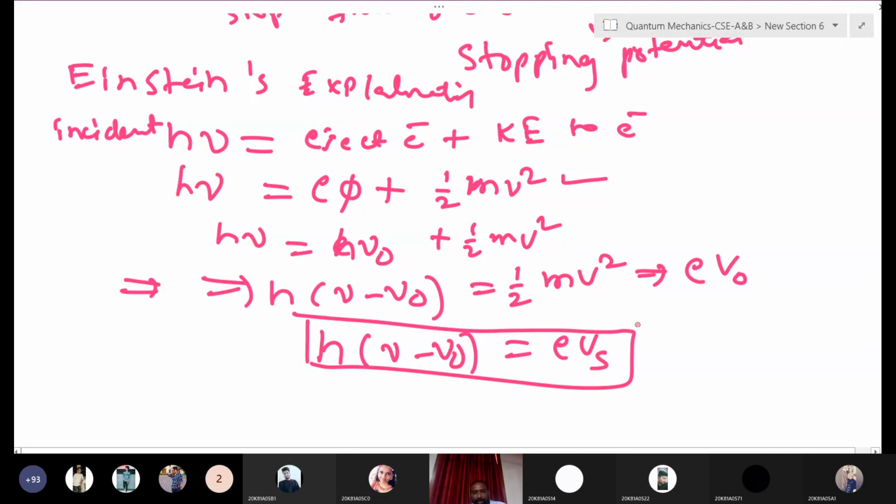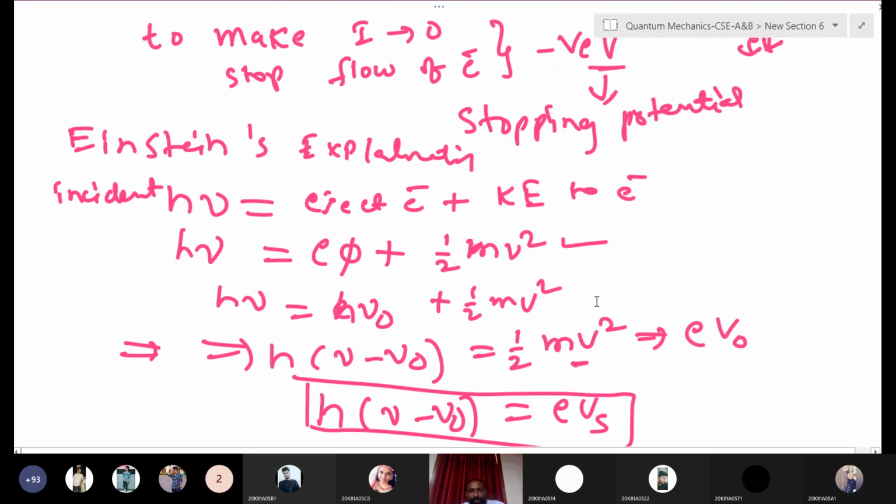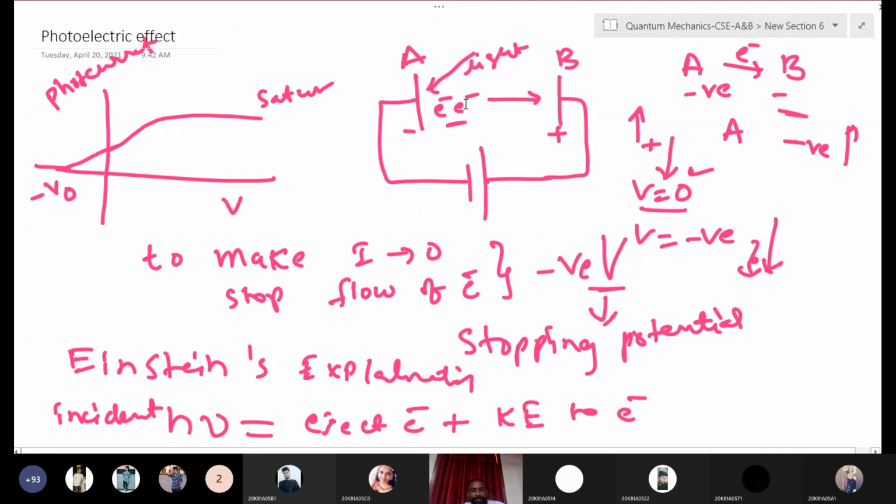How are we giving this kinetic energy? Incident light, some part is ejecting the electrons, and some part is giving kinetic energy. So here we are applying some voltage to accelerate or attract these electrons, and this potential energy is utilized as kinetic energy.